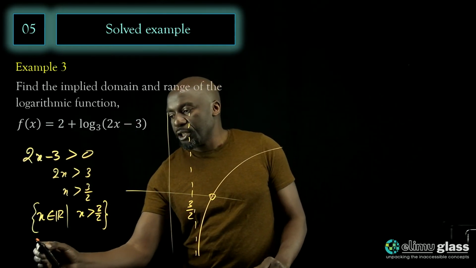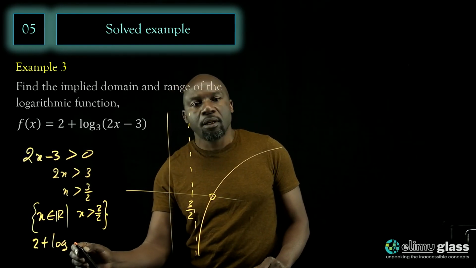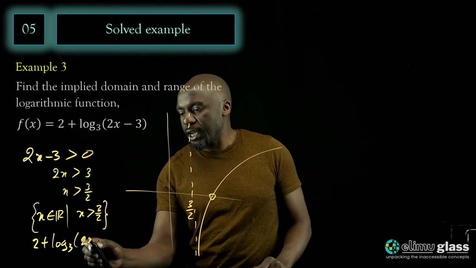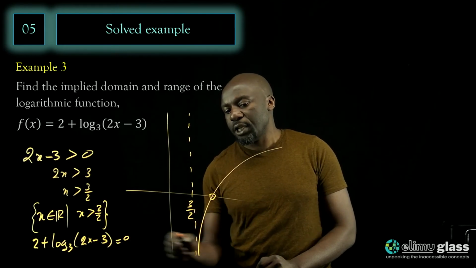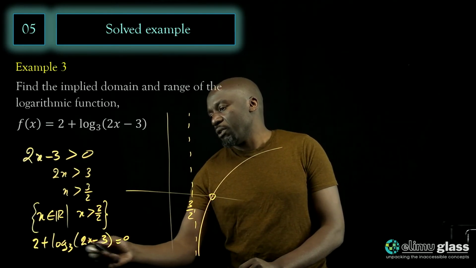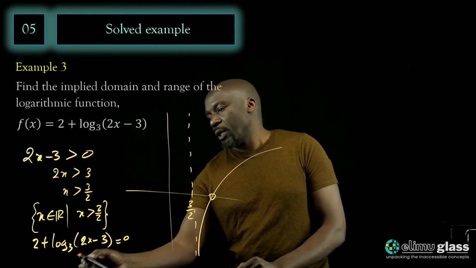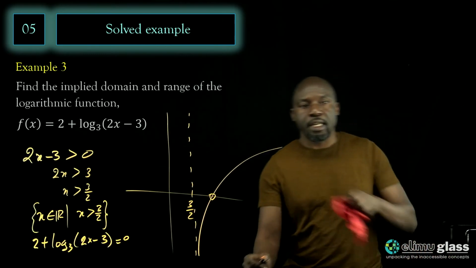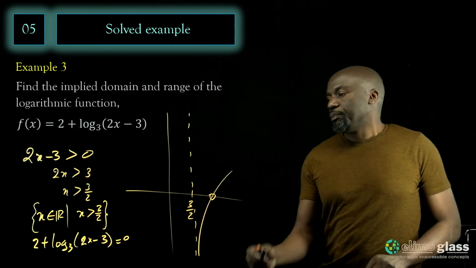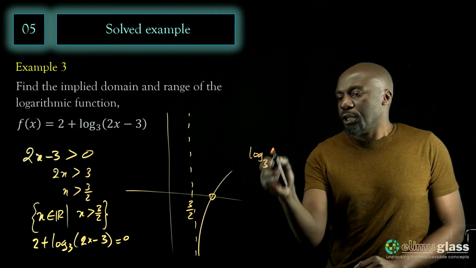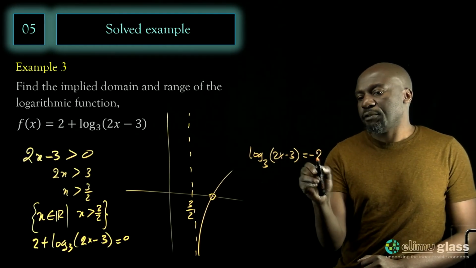So by saying 2 plus log 2 base 3 of 2x minus 3, this has to be equal to 0 at the x-intercept. So log 2 base 3 of 2x minus 3 has to be equal to negative 2.